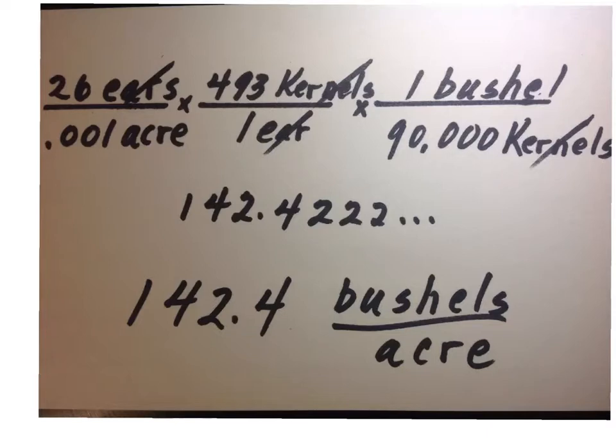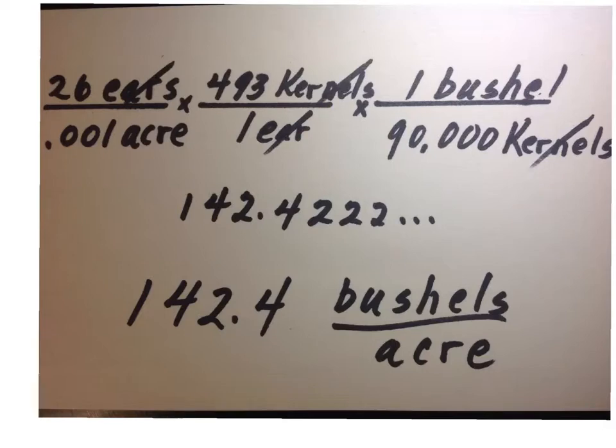Okay, let's put it all together now. We'll set this up as a series of fractions as we do for all unit conversions. Now our first fraction is going to show that we had 26 ears in 1/1000th of an acre. We're going to multiply that then in such a way that the ears will cancel. We'll multiply by 493 kernels in 1 ear.